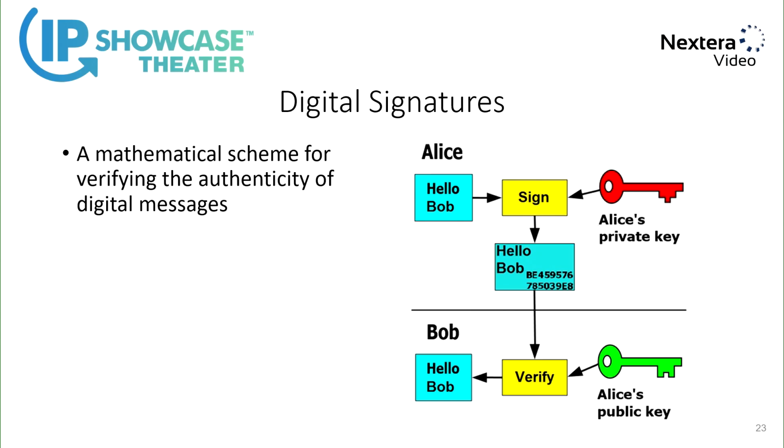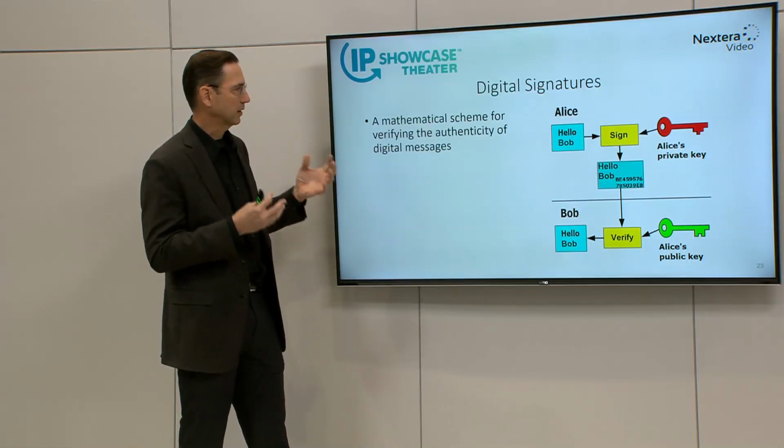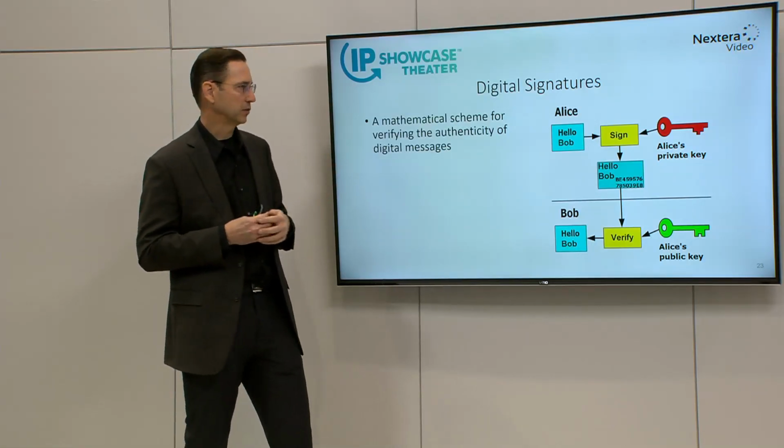So how do we solve the problem of knowing who sent me a message? You get emails all the time, maybe from people where it looks like someone in your company, but it actually isn't. I've seen a few instances where it looks like a CEO sent an email to a subordinate to do something, to pay a bill, and it wasn't legitimate. So digital signatures is a way to mathematically verify the authenticity of a message.